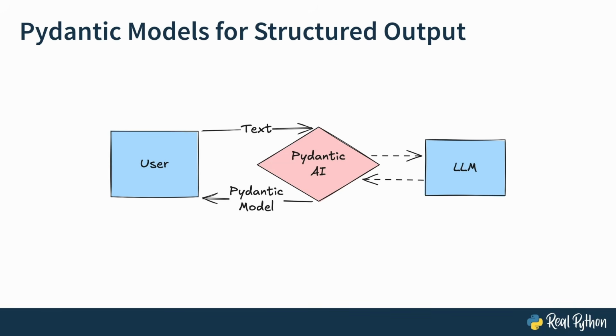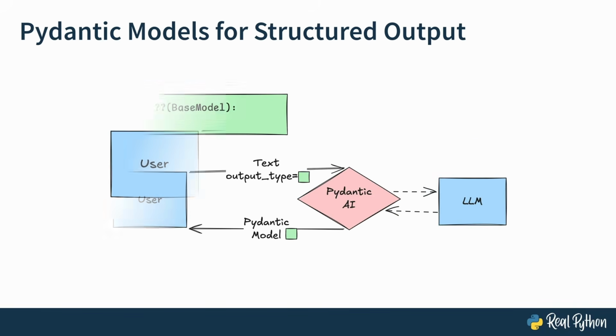Pydantic took this functionality and brought it to the world of LLMs. So you're going to define a class that's going to inherit from Pydantic's base model. And in your class, you define all of the attributes that you want. So those will be the information you want from the LLM, and you specify the types.